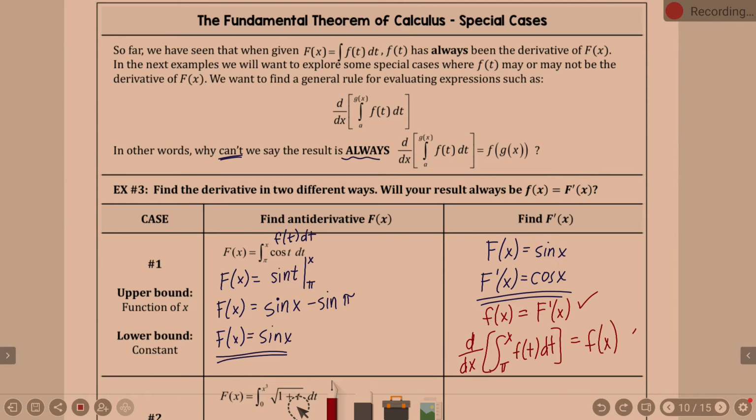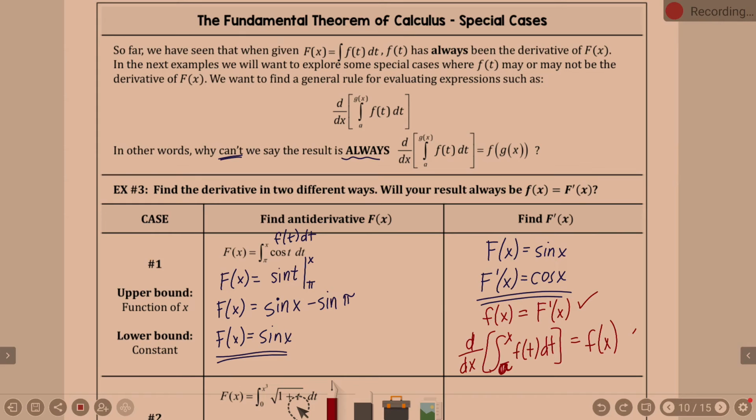And actually, instead of that bottom being pi, I probably should have just put a for some constant down there. They use a, don't they? So this is the idea.